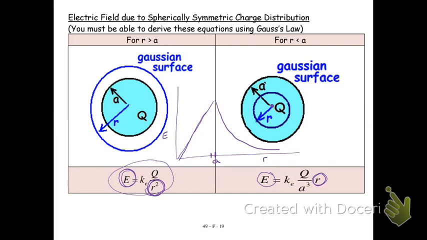And as I go further and further towards the outside of this ball of charge, there's more and more electric field, until I get to the surface where there's the maximum electric field. And then as I go further away, I have an inverse square law from the center, not from the surface, but from the center. And that's just like gravity, isn't it?